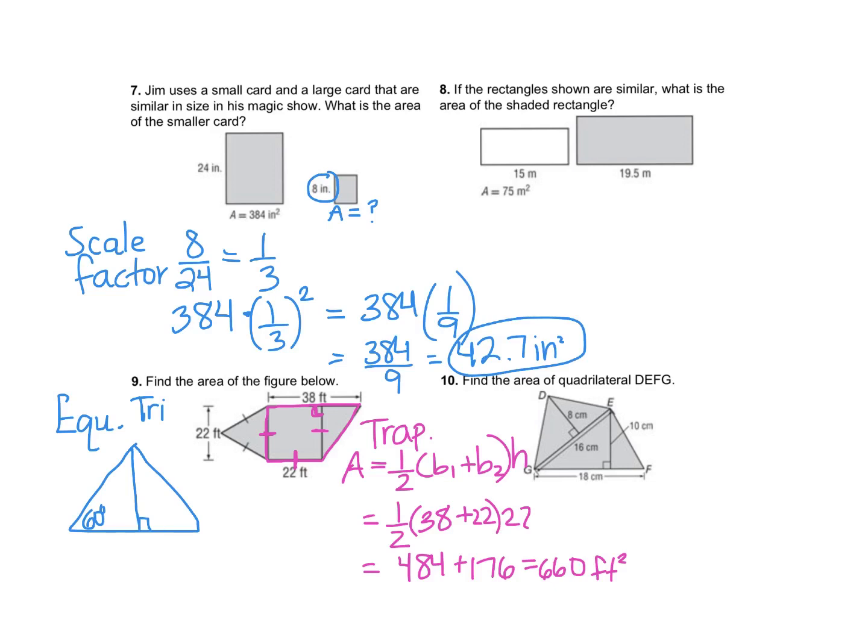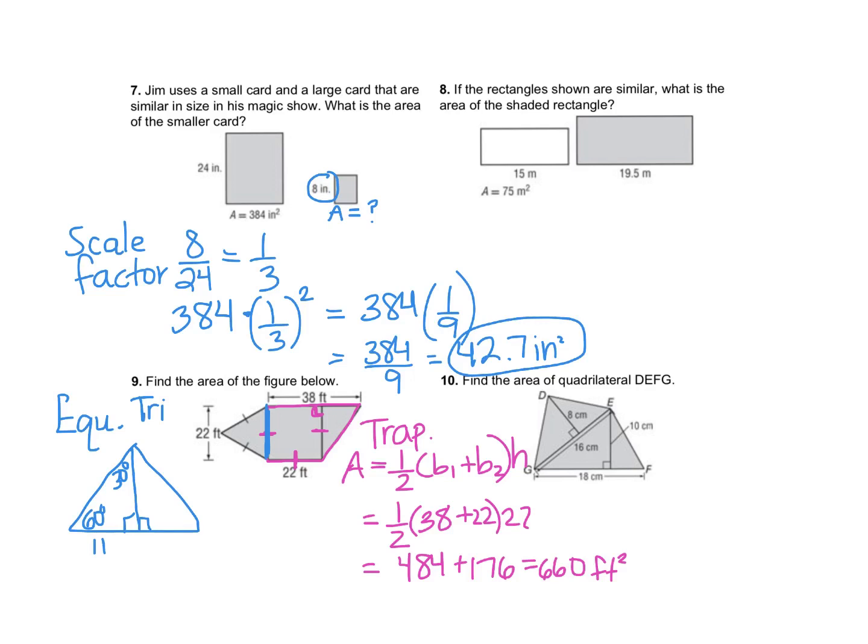So if I want to create a right triangle inside so that I can solve for the height, that's going to bisect the angle at the top. So this is going to create the 30, 60, 90 triangle. And because this entire side right here is 22, that means halfway across would be 11.